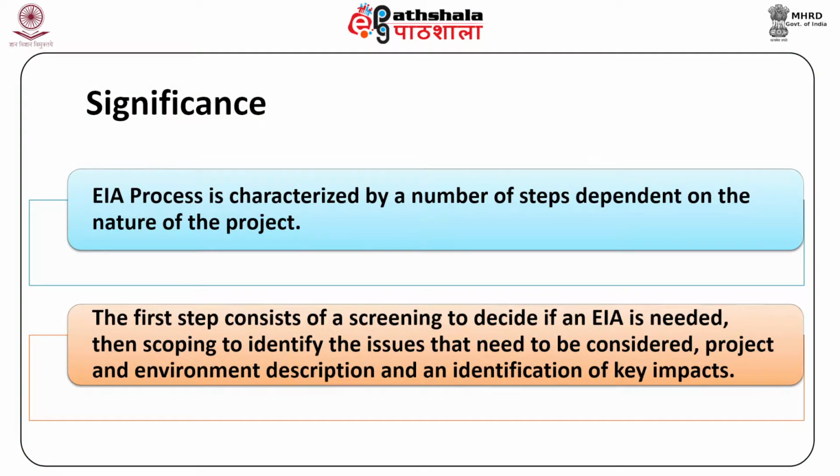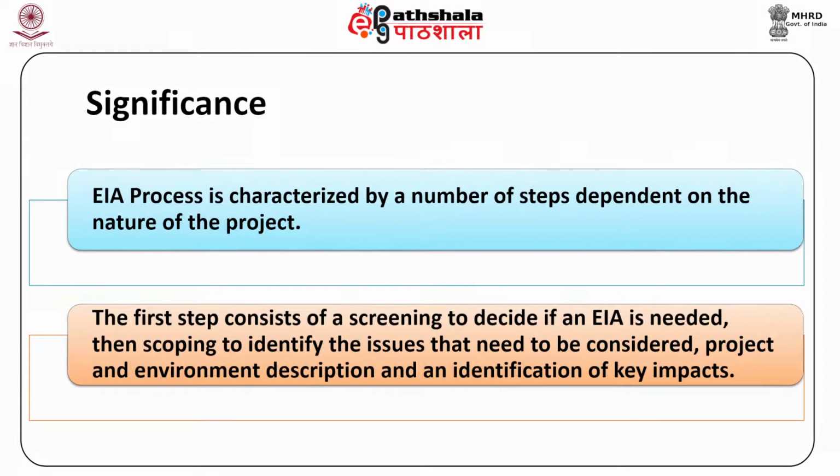EIA process is characterized by a number of steps dependent on the nature of the project. EIA has to be conducted in the initial phases of project analysis. The importance of an early start of the environmental impact assessment in a development project has been emphasized by many authors.